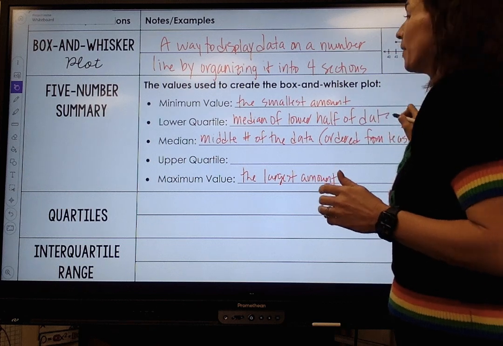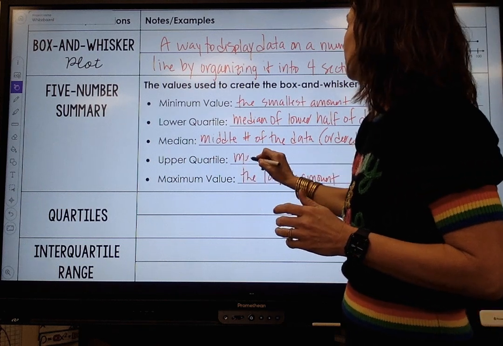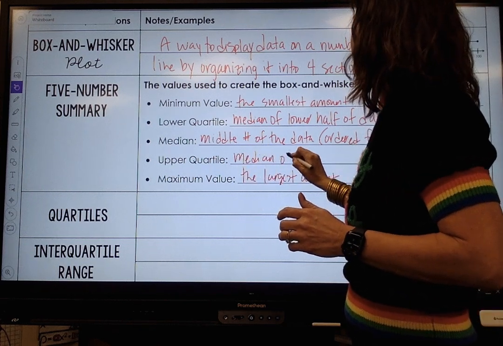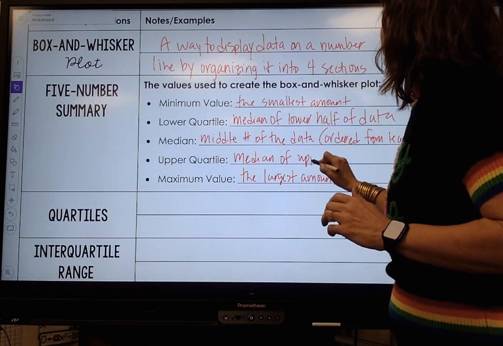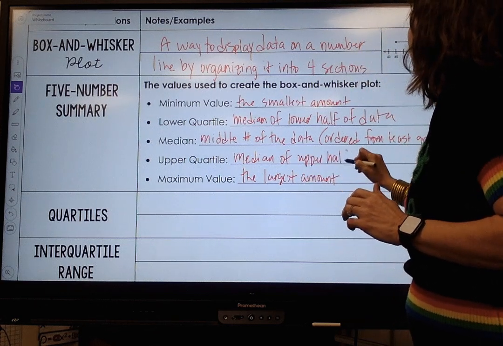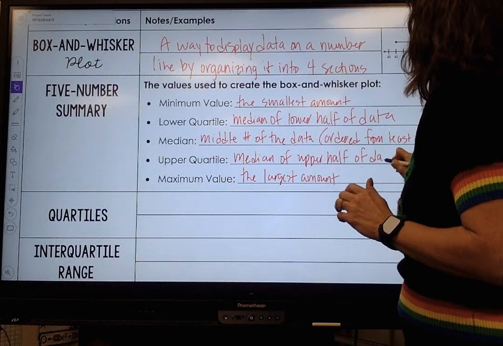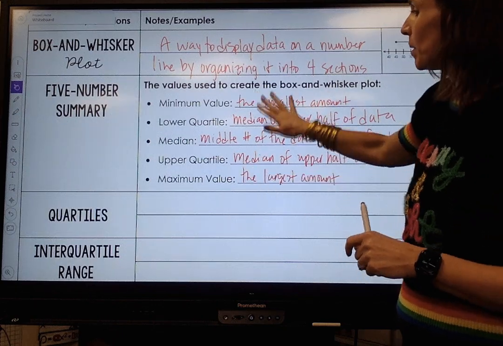And the upper quartile is still the median, but this is going to be of the upper half of your data. Okay, so that's how we get the plots.